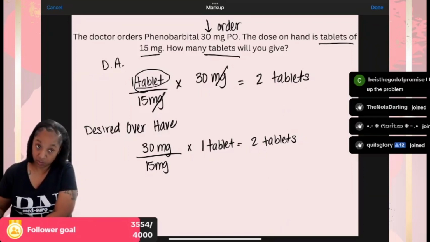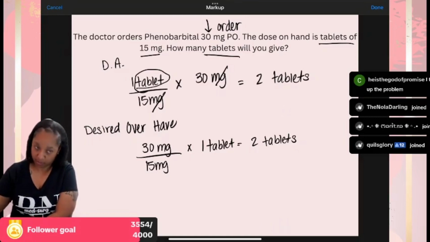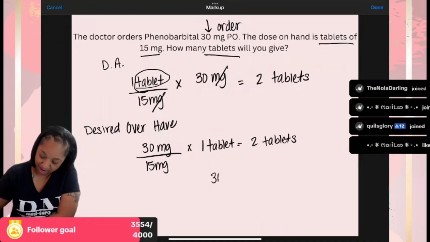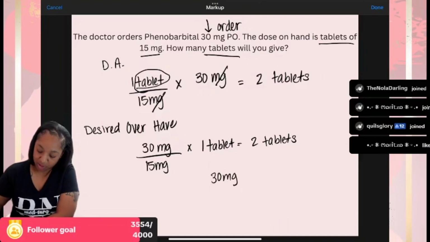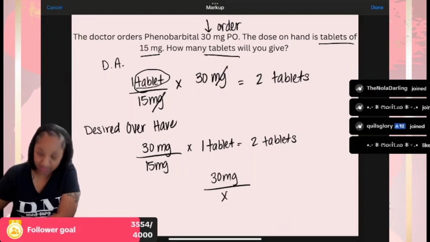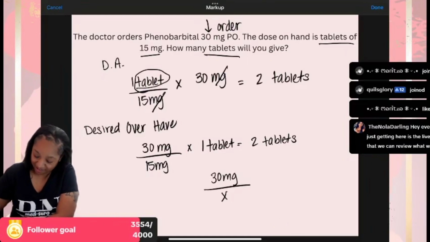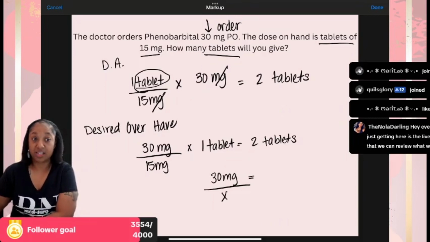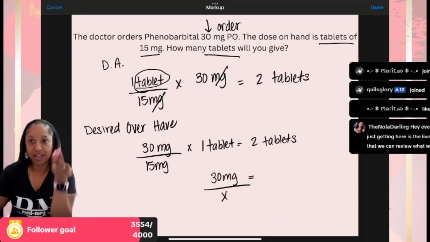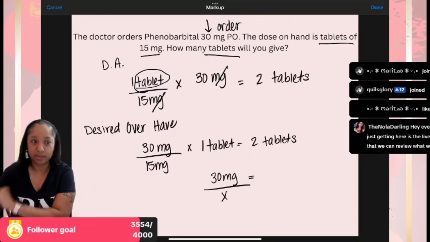So to set this one up, it's asking for 30 milligrams. That's known. We don't know how many tablets to give the patient, so that's your X, your unknown. On the other side are your known values: you have 15 milligrams in 1 tablet.